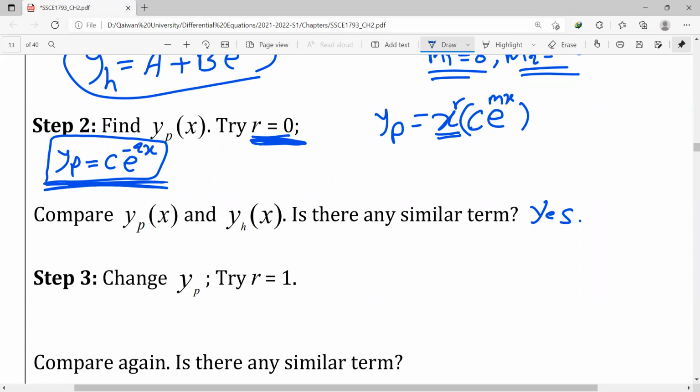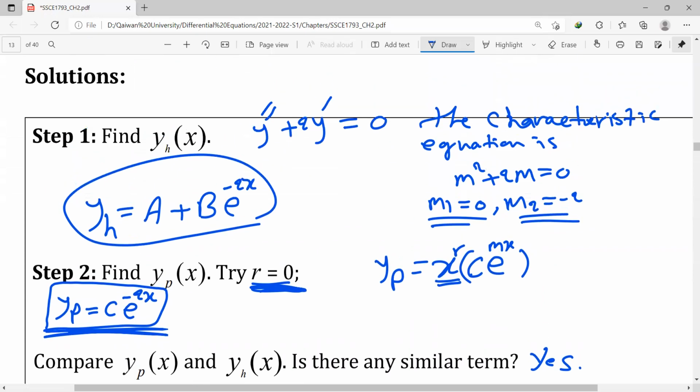What do we get? yp equals x to the power 1 c e to the power minus 2x. Now we have x multiplied by an exponential function. Do we have any similar term to that one? No, because above we have no x multiplied by any of the exponential functions.